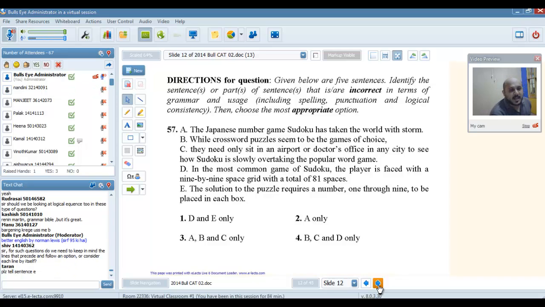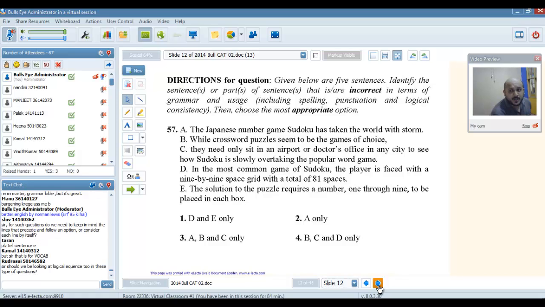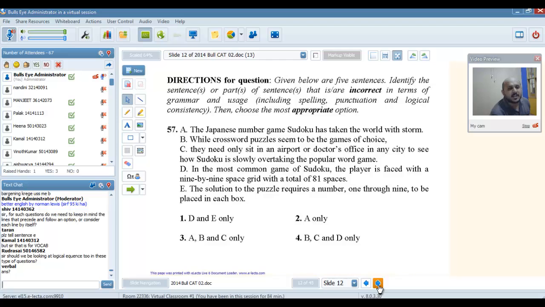Okay, so that is one thing that you should be doing. You should be using Better English. The second thing that you can use is one really good book, Grammar for the Utterly Confused.